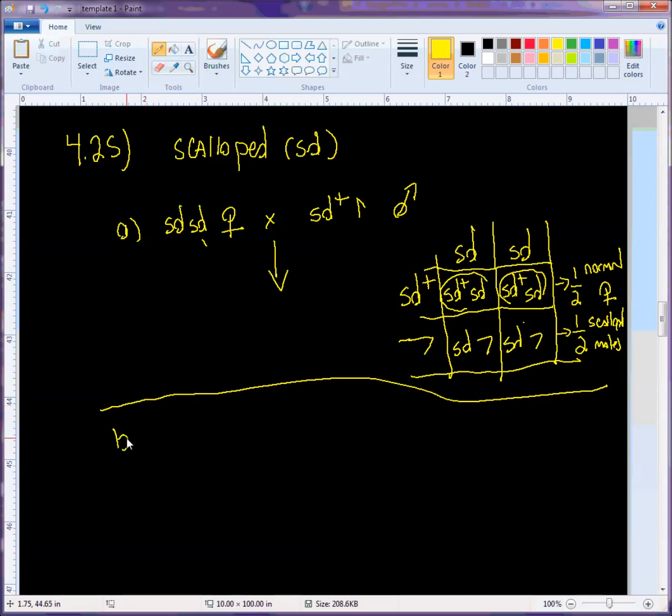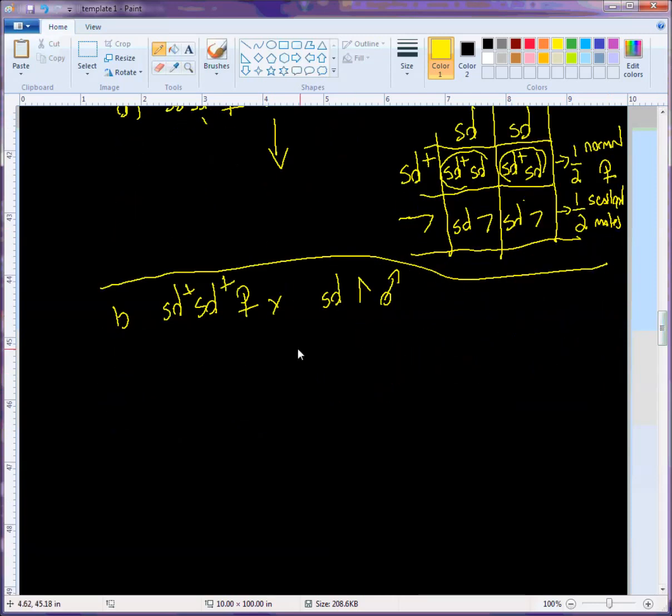Let's look at what happens in the reciprocal cross, right? Reciprocal is just when we exchange the sexes and the phenotypes. So the mom here is normal, and the dad is scalloped. And we cross these.